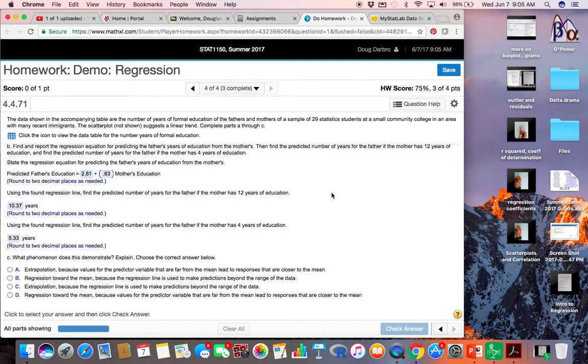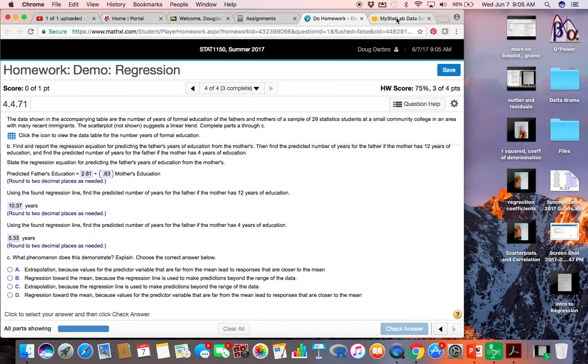Regression toward the mean, because the regression line is used to make predictions beyond the range of the data. Extrapolation, because the regression line is used to make predictions beyond the range of data. And then finally, regression toward the mean, because the values of the predictor variable that are far from the mean lead to responses that are closer to the mean.